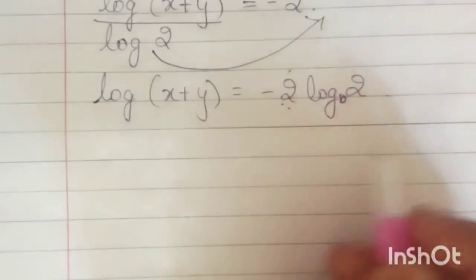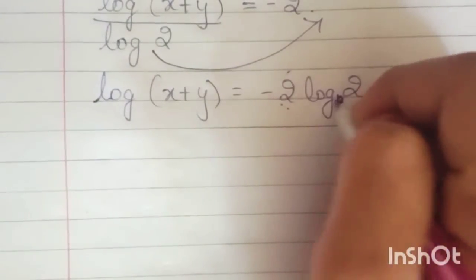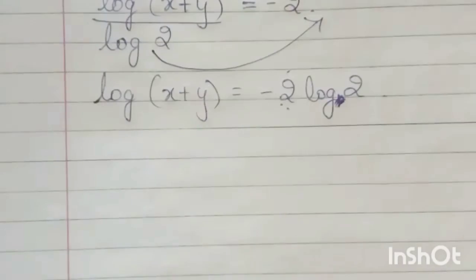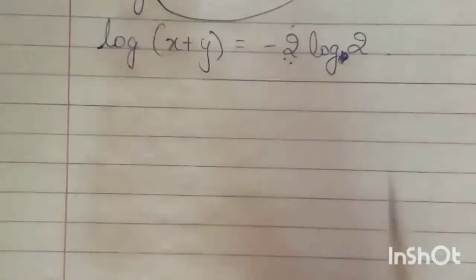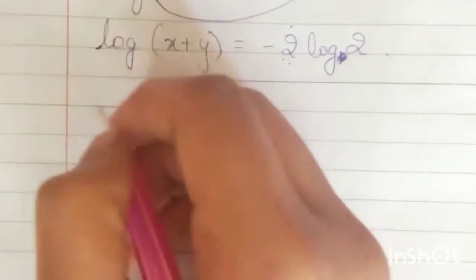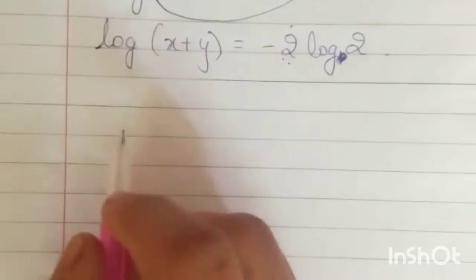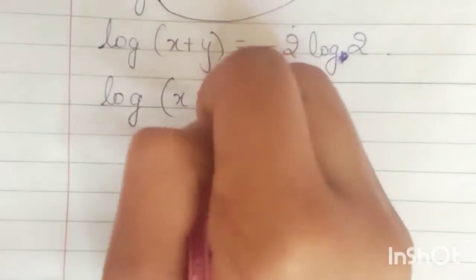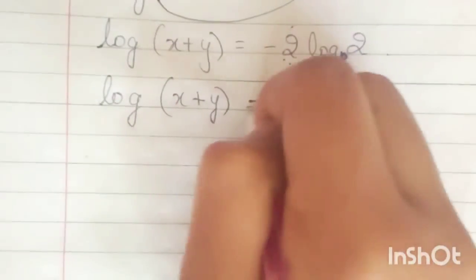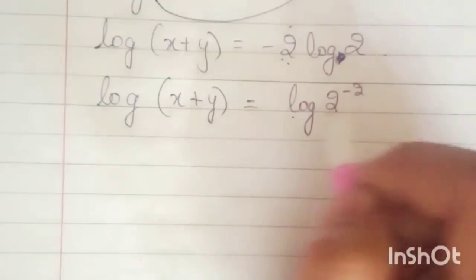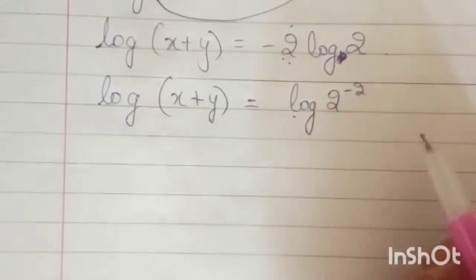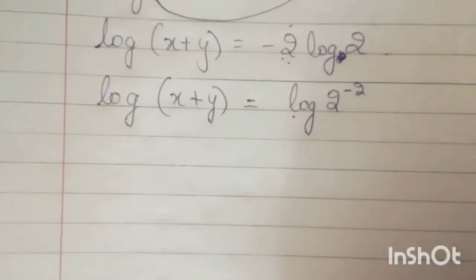In this sum you don't have to take any base and all, because they haven't given the base in the question, see. So no use of the base, so no need. Let's not confuse. Now here I got this equation, right? First, log x plus y is equal to log 2 power minus 2. Sorry, log minus 2 to the base 2, okay. You have to pronounce it like that only.